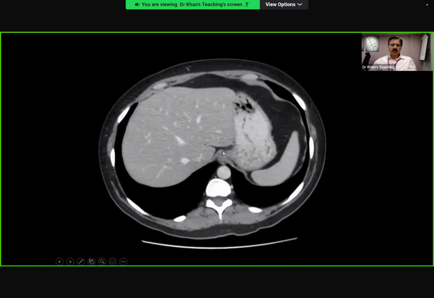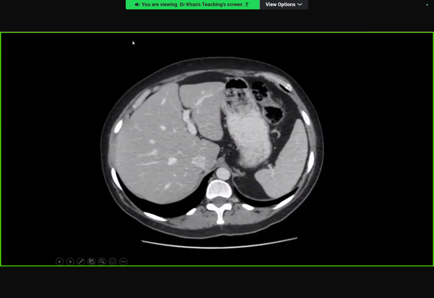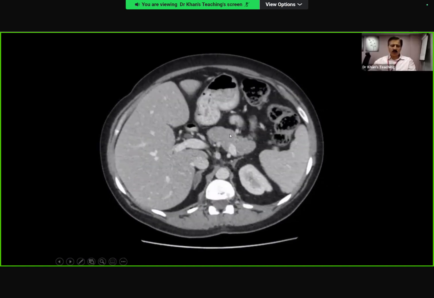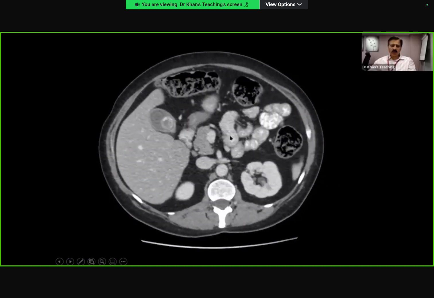So can you see these CT images? Yes. Okay, all of you please concentrate, and this is the type of film or a case which will come in your long cases also.